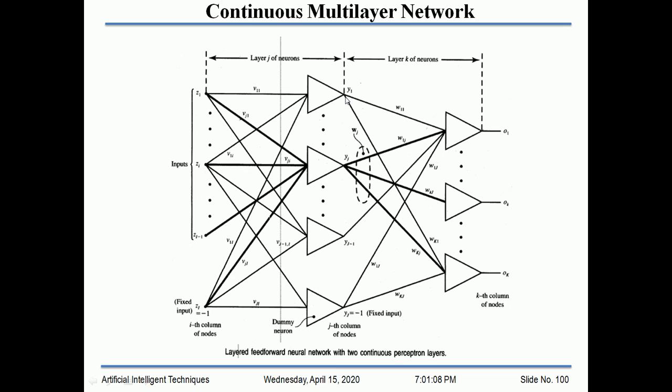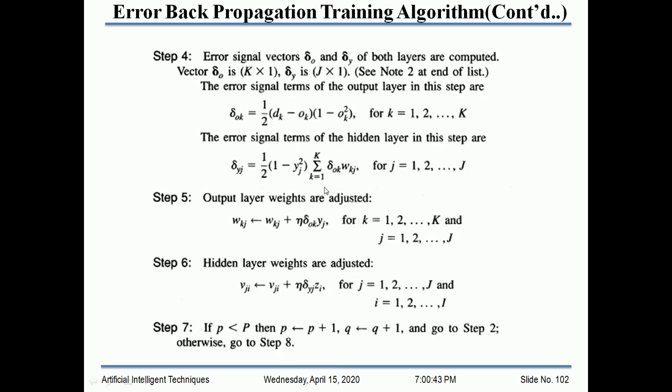Yj is the output, and f dashed of net is half into 1 minus O square, is it not? So half into 1 minus Yj square. You don't find the term dk minus OK, so you will have sigma k equal to 1 to K of delta OK, which is propagated backwards, into Wkj. So delta OK we have found, delta Yj we have found.